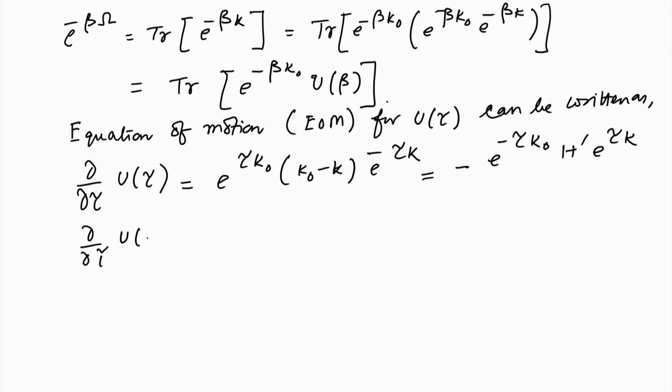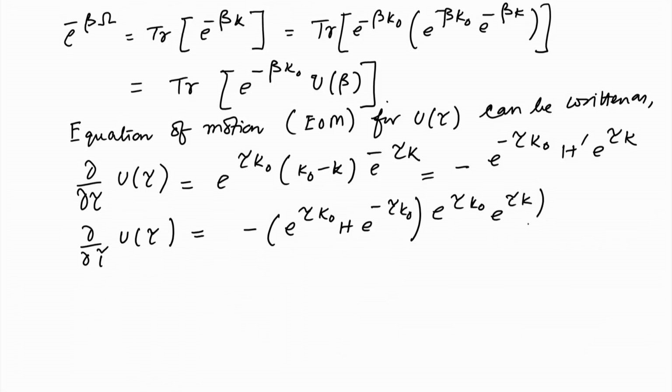So, del tau of U of tau, which is precisely the equation of motion, can be written as minus exponential tau K_0 H prime exponential minus tau K_0 times exponential tau K_0 and exponential minus tau K. So, this part has been introduced, such that we can write this as minus H prime of tau, sorry, not t, but tau, times U of tau.